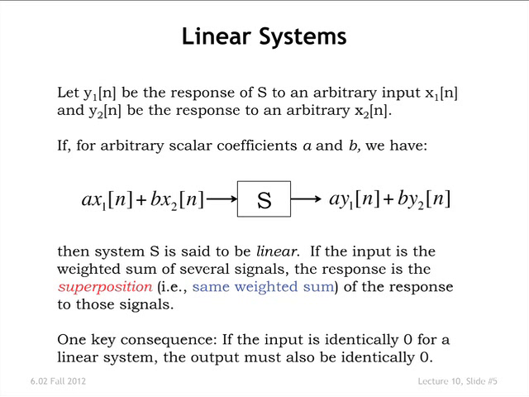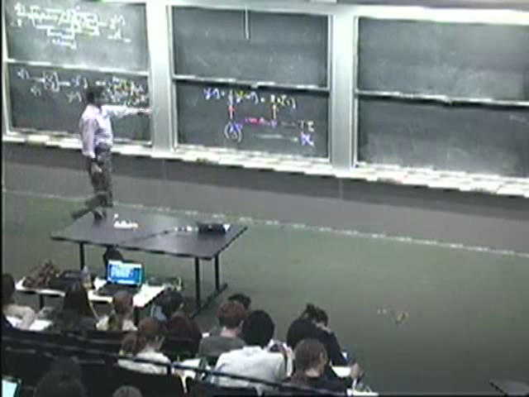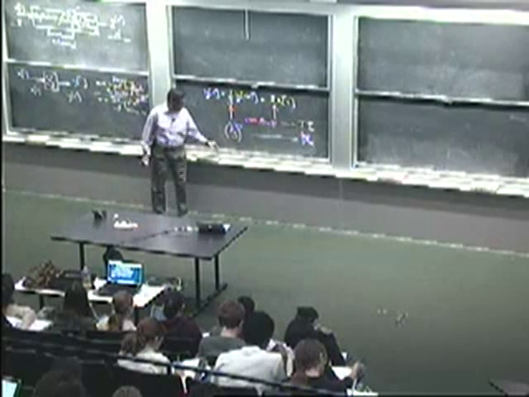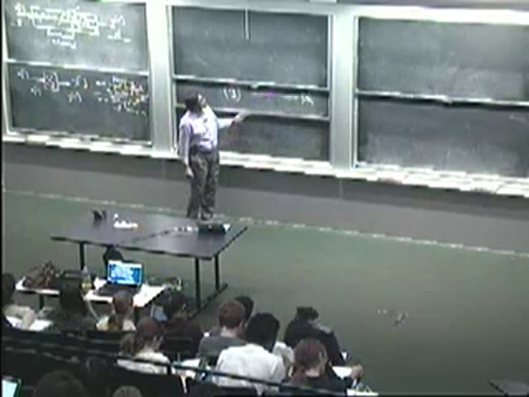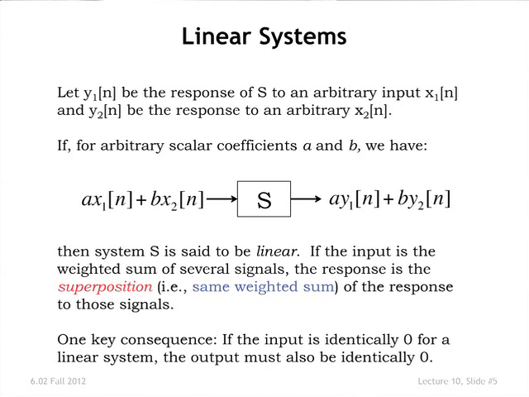The other notion was that of linearity. By the way, if you read the chapter, you'll see some other examples that will help you hone your intuition for what's time invariant and what's not. For linearity, the basic idea was that you can superpose inputs and find the corresponding responses by superposition.